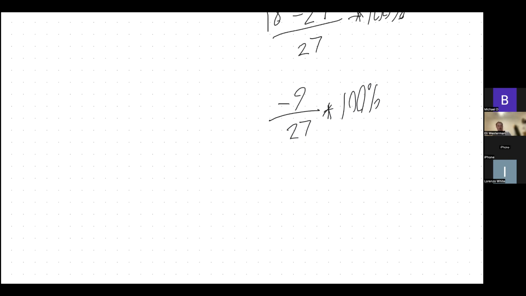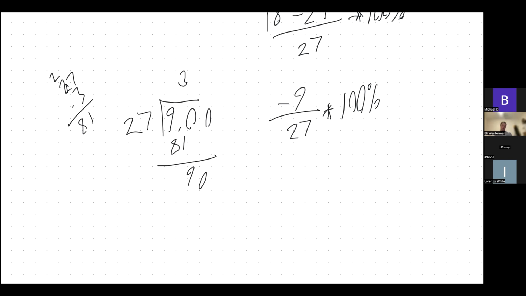So then we can say 27 goes into 9. We're going to have to add a 0. 27 goes into 90 3 times. 27 times 3 is 81. Now we're going to get the same answer over and over, 90 and then 3s.